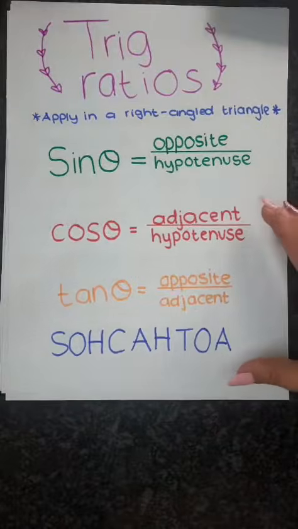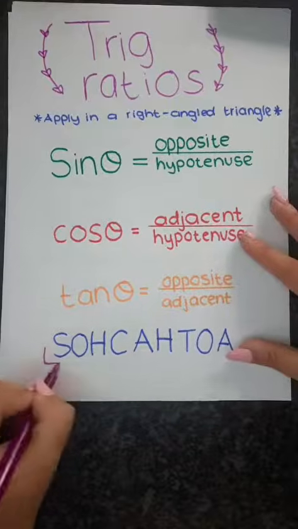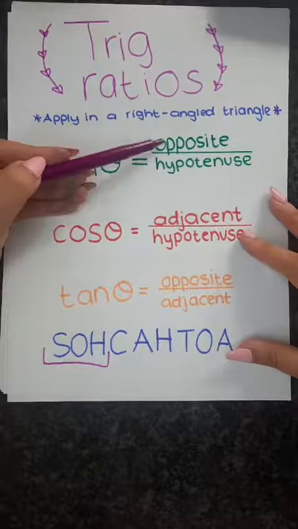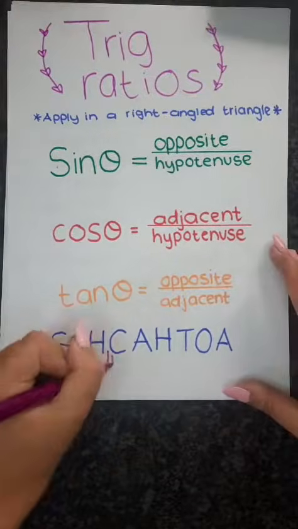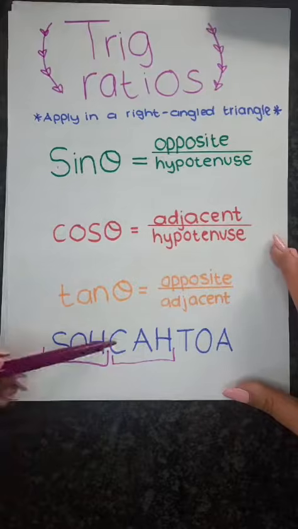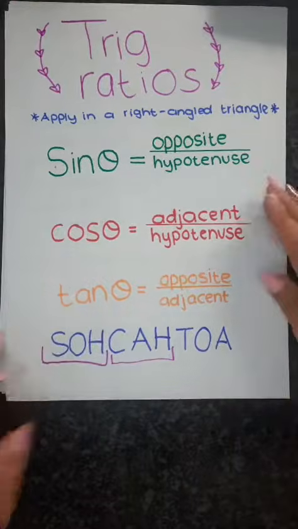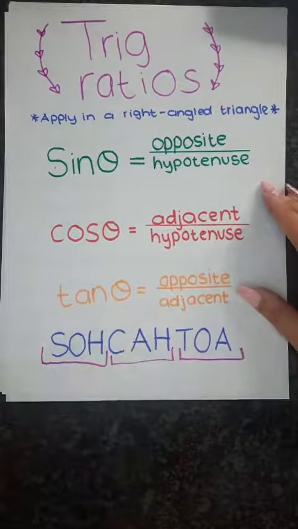For those of you that have no idea what I'm talking about, this means sine is opposite over hypotenuse. CAH means cos is adjacent over hypotenuse. And TOA means tan is opposite over adjacent.